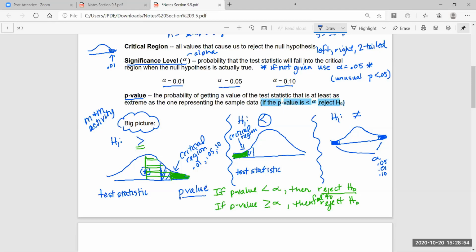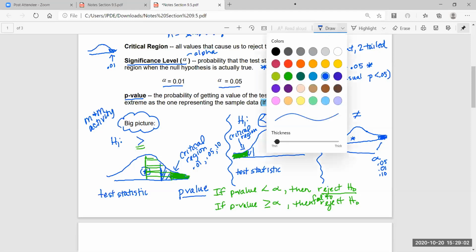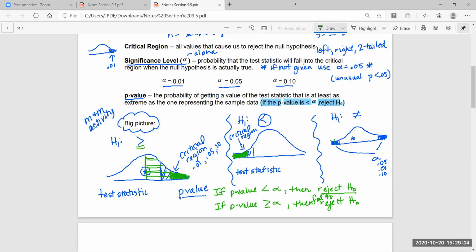When you get your test statistic, it could be in here, or it could be here or here. When you get your p-value, if it's in here, if it's here, if it's here. Those can be a little trickier because you have to double what you get. Again, the calculator is going to do it for you, so I don't think you're going to have that worry so much. But we do have to consider there's two.